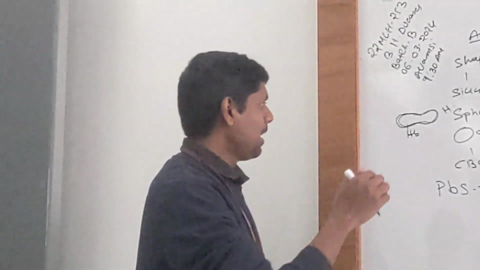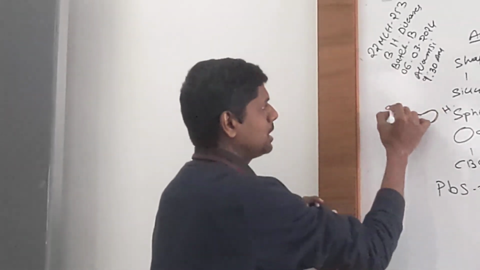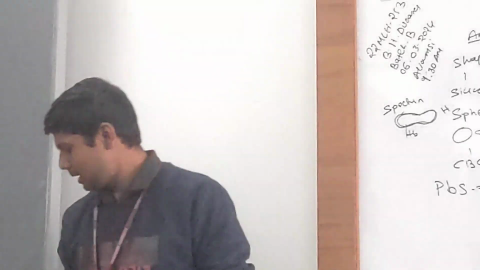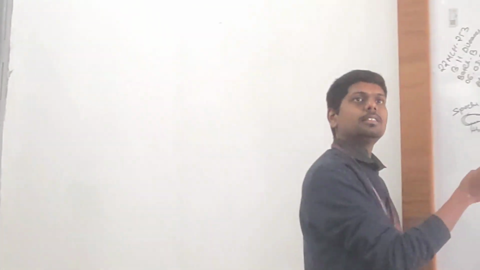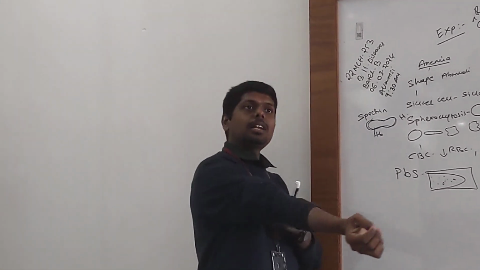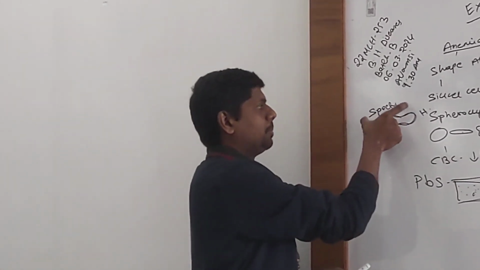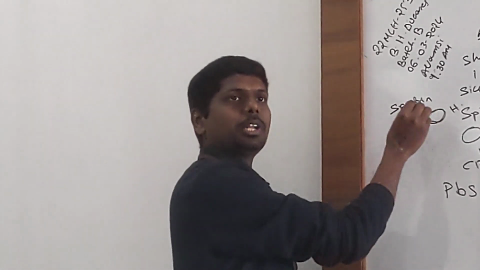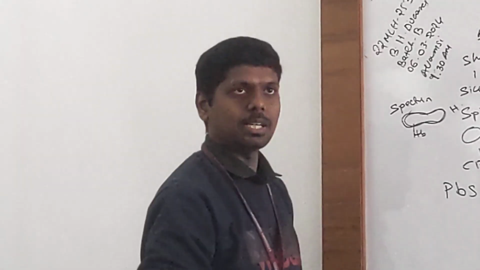That is a protein called spectrin. Spectrin is responsible for the integrity and rigidity of the red blood cell. Pay attention here: the red blood cell has a protein called spectrin, and spectrin gives the shape and rigidity to the red blood cell.